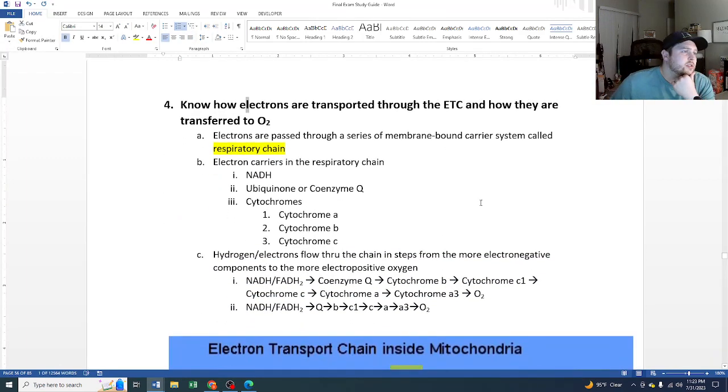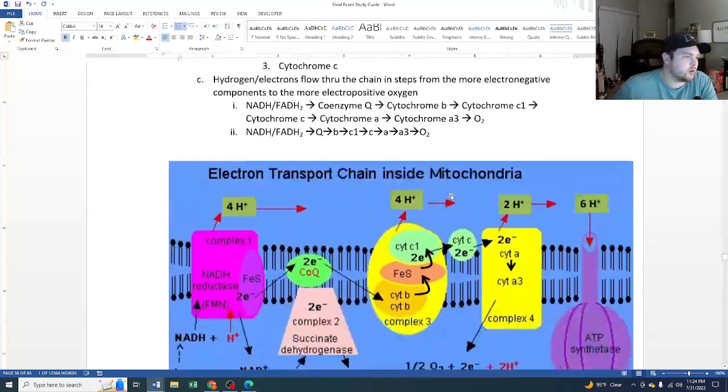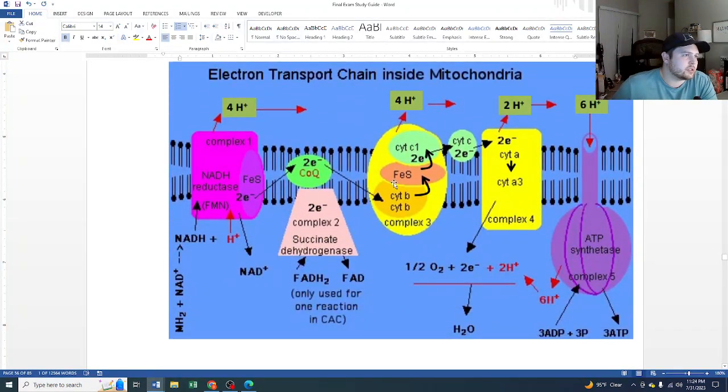Now the electrons being transported through the electron transport chain and how they're transferred to O2. Here's a much better drawing than what I had before. The whole process has our different complexes 1, 2, 3, and 4, and a couple of different cytochromes to help us out, and CoQ, also called ubiquinone.